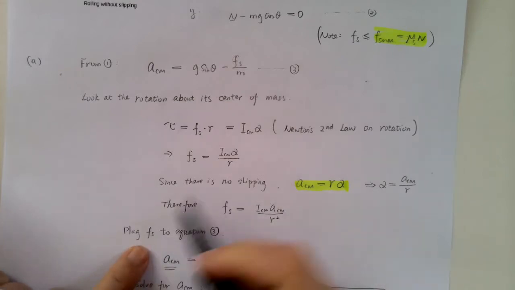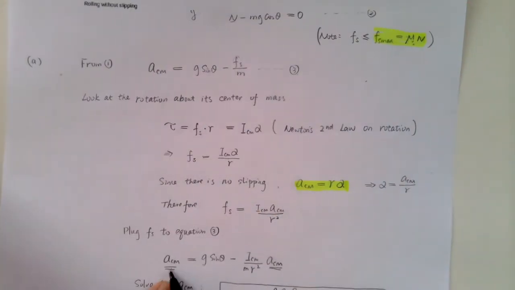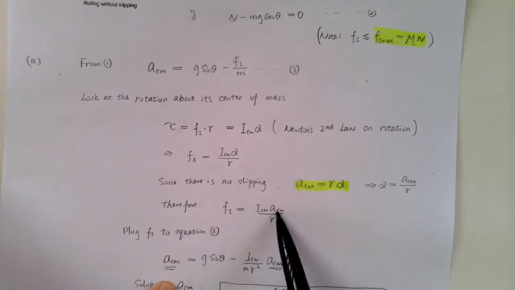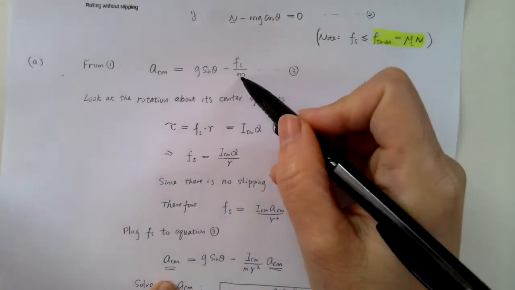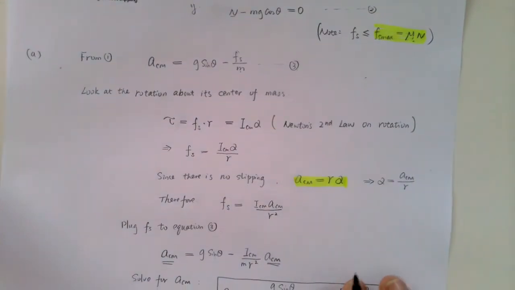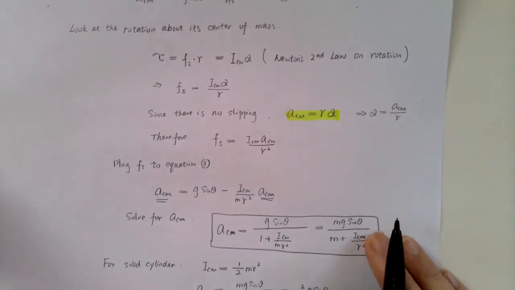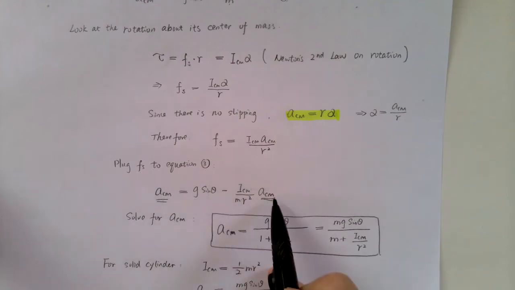Now we plug Fs back into equation 3 here. On the left side, we have ACM, and that equals g sin theta minus Fs, which is I times ACM over R squared, and don't forget we have the divide by M here. So then we have one equation. In this equation, there is just one unknown, ACM, which appears on both sides of the equation.